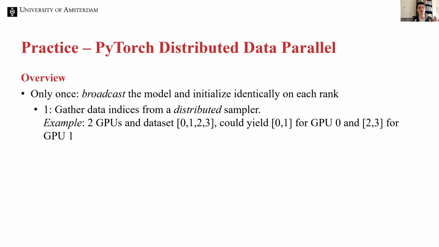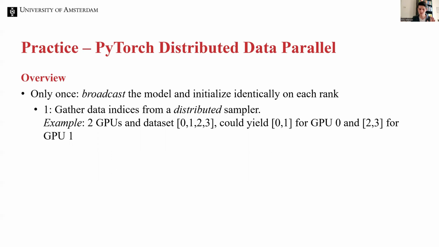So this is basically the idea of distributed data parallel, which is a second framework in PyTorch. And the immediate advantage is listed on top. We're going to only broadcast the model to all ranks once, right?